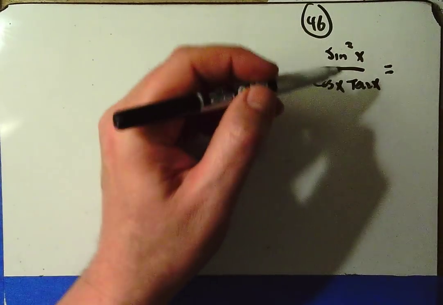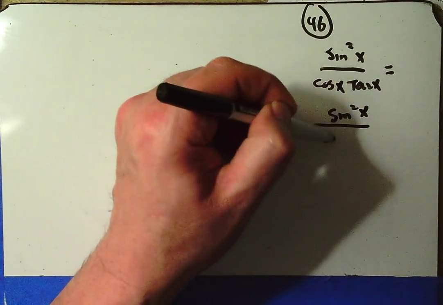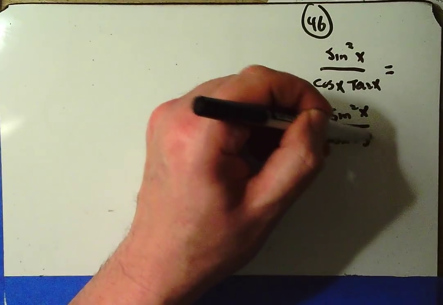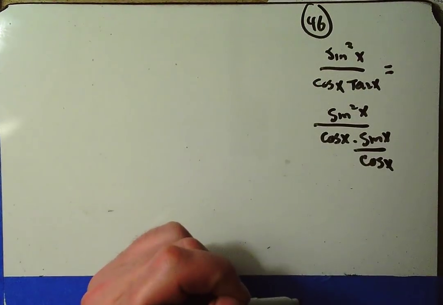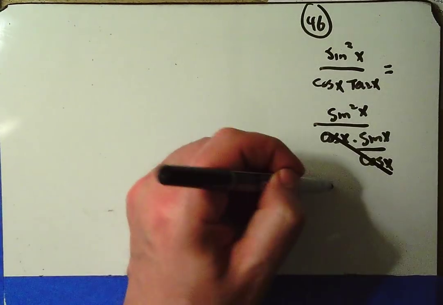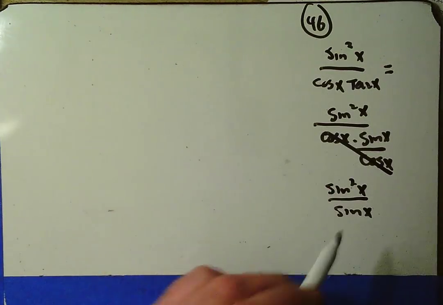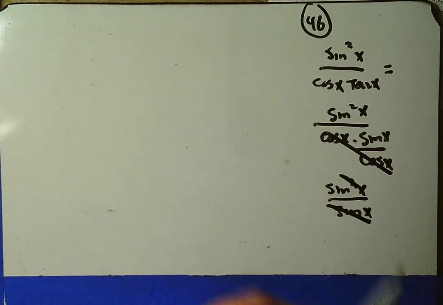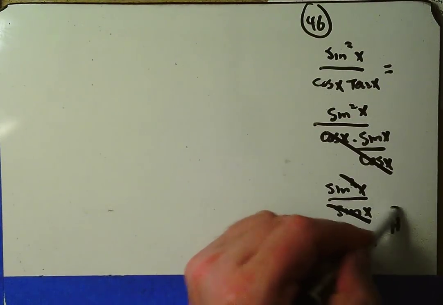Well, I remember that tangent is sine over cosine. So I can write this problem this way. And then I notice I can cross out these cosines. And so I've got sine squared x over sine x. And then this one can cancel one of those, and so I'm left with sine x. So I think my answer is sine x, or H.